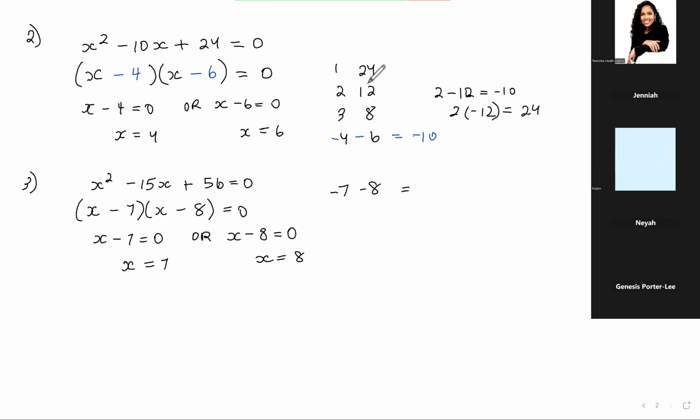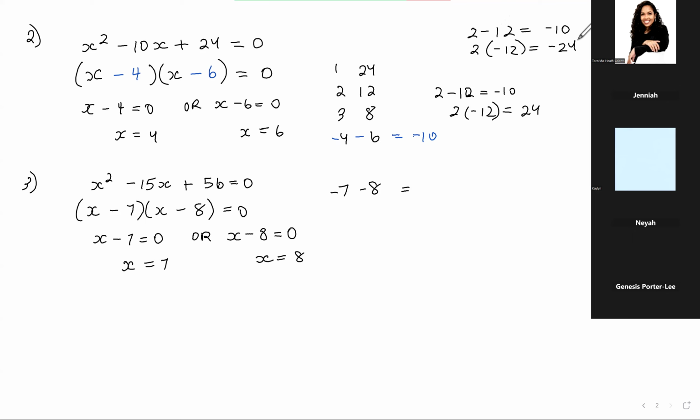2 and 12 couldn't work either because, well, 2 take away 12 is -10, but 2 times -12 is -24. So that couldn't work because the signs have to be the same, right?